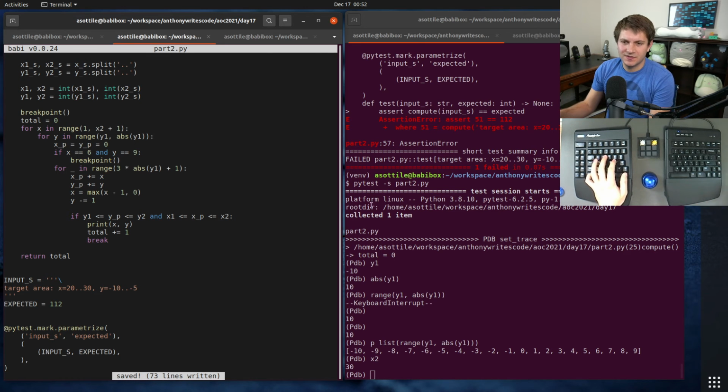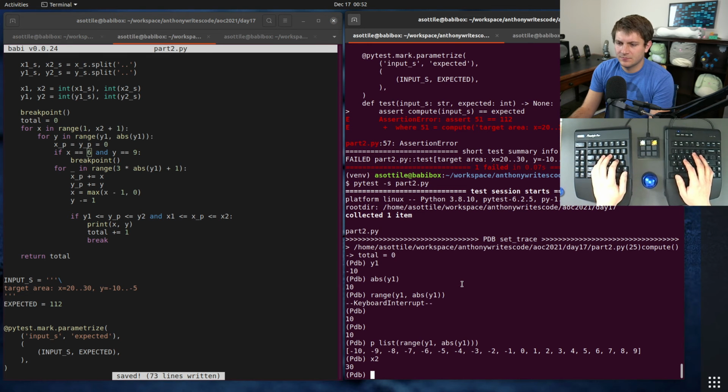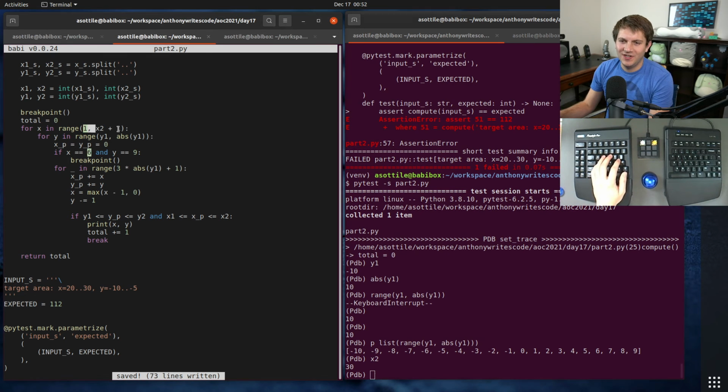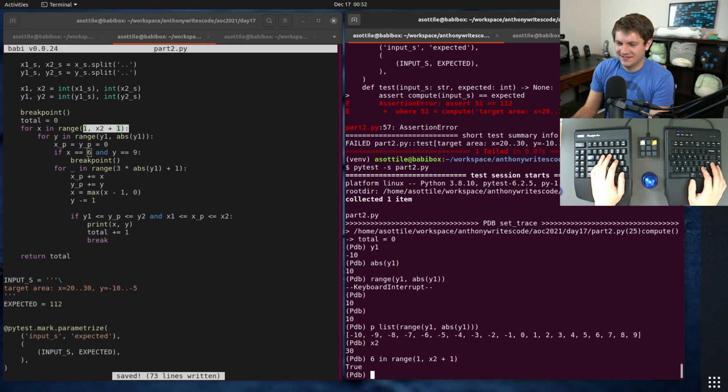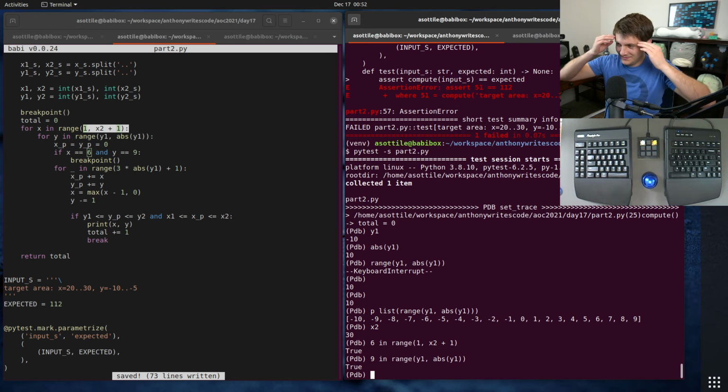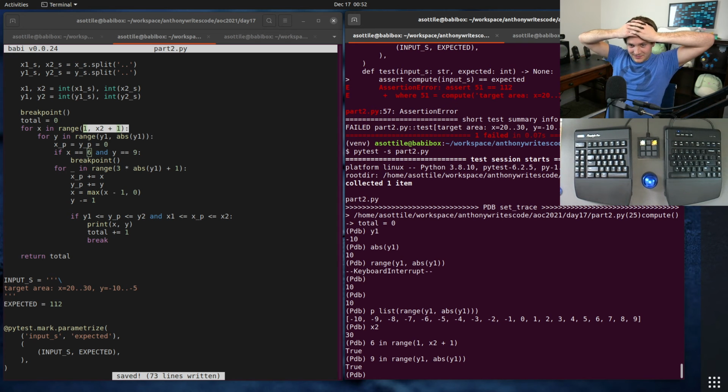There is no 6. But this is from 1 to 30. 6 in that, 9 in range Y1 to abs Y1. What is going on?